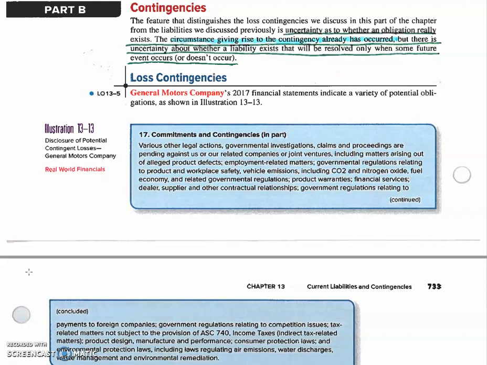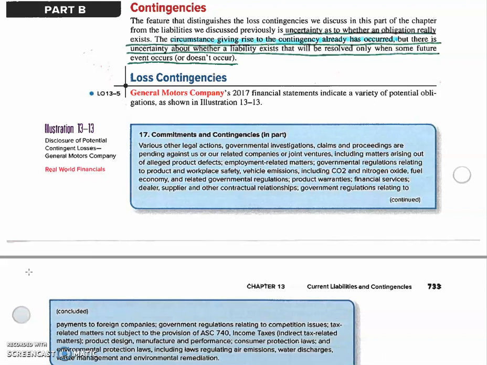So we would debit warranty expense and credit contingent liability or warranty liability for that amount. Then as claims are made on the warranty, we would debit the liability for warranties, and credit cash or whatever we had to provide to take care of those warranties.